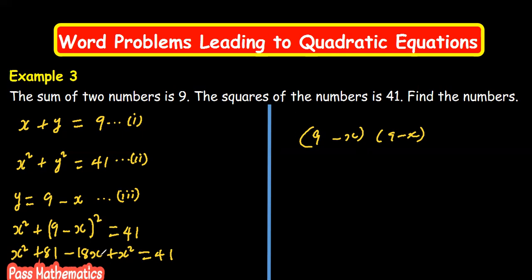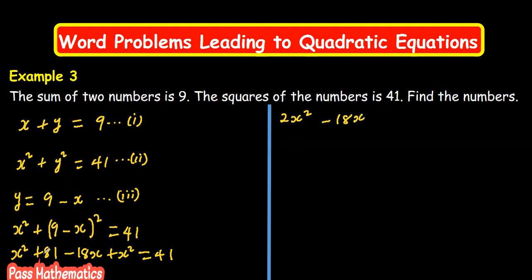So when we rearrange, we're having x squared plus x squared, we should be having 2x squared. And then we have minus 18x, just rearrange first and see.